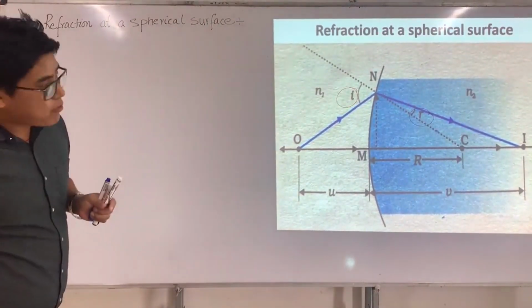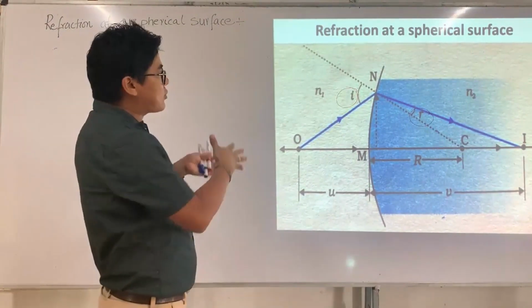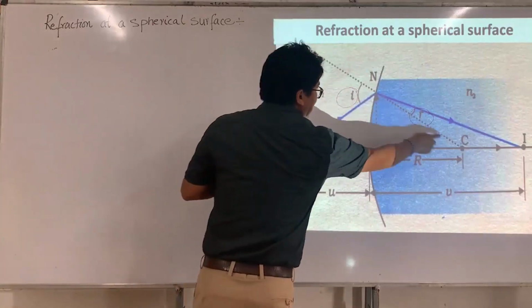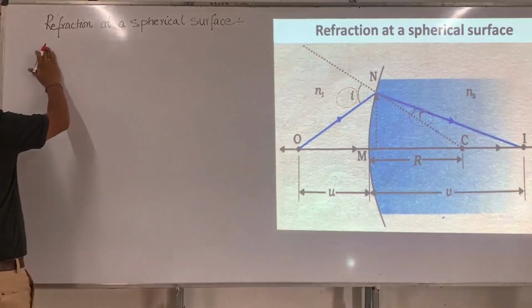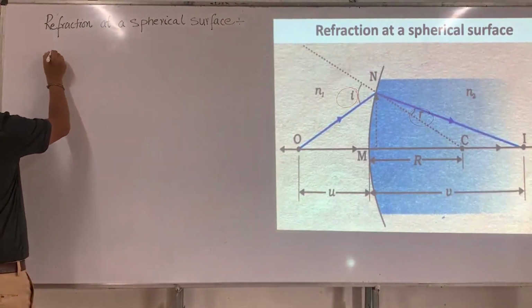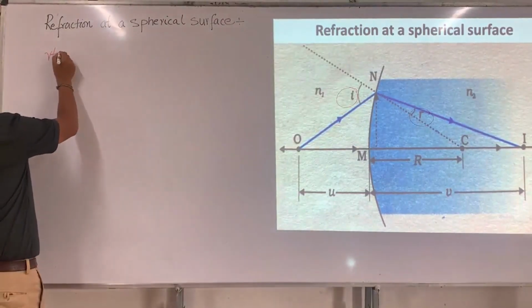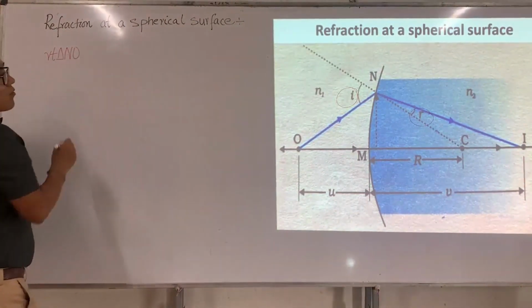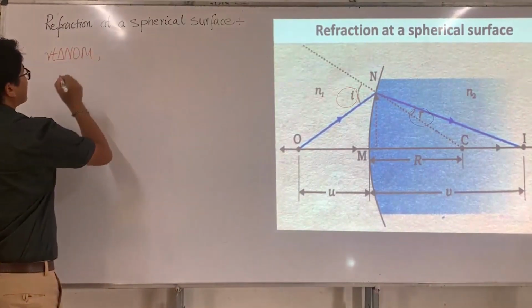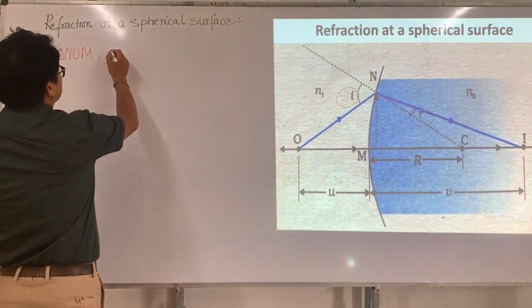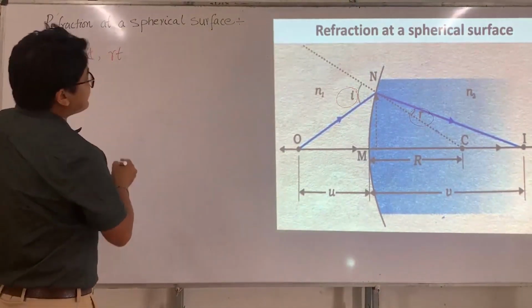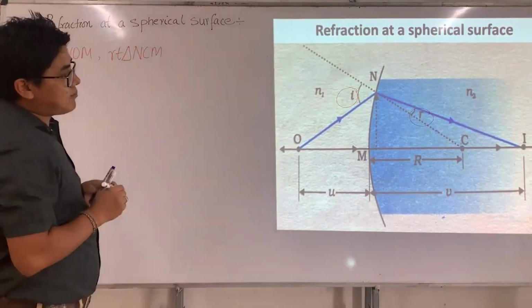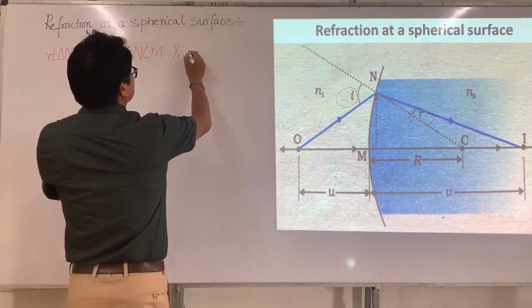Last time I told you that ray optics is more or less geometry. So here I'm going to take three right triangles. One right triangle is NOM, another right triangle is NCM, and the third right triangle is NIM.